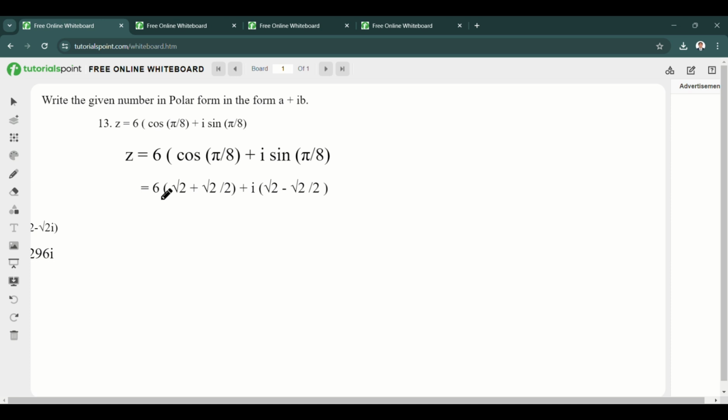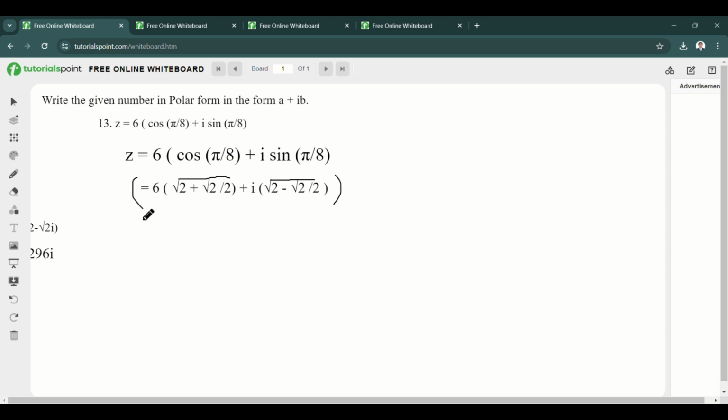This square root is inside another square root. So we'll have the denominator of 2 and 6, which are both divisible by 2.